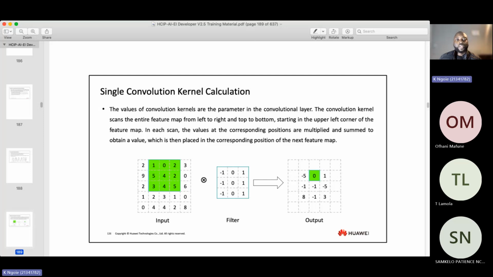Guys, can anybody tell us what these numbers are? What are these numbers coming from? What is the size of this picture?